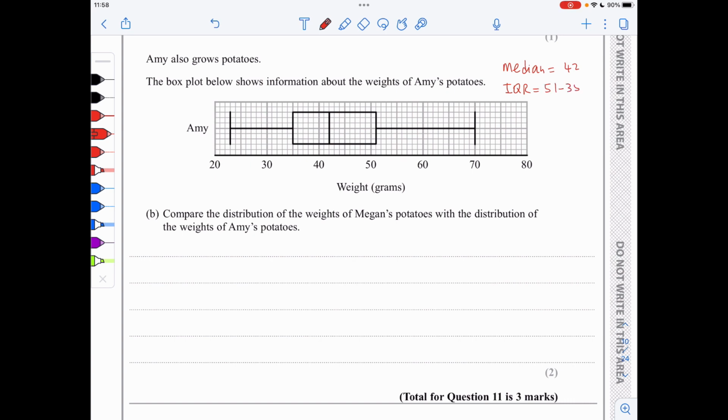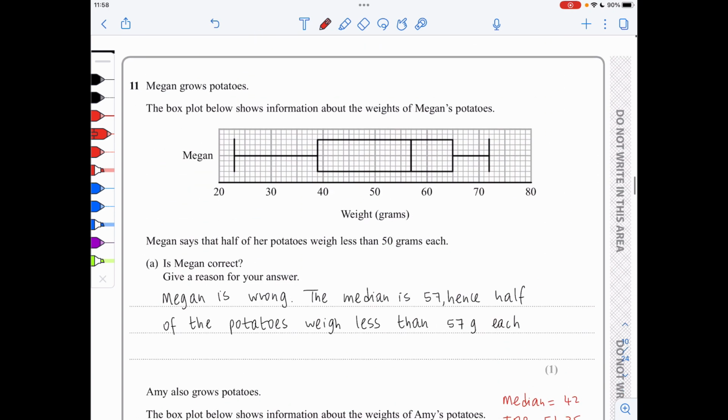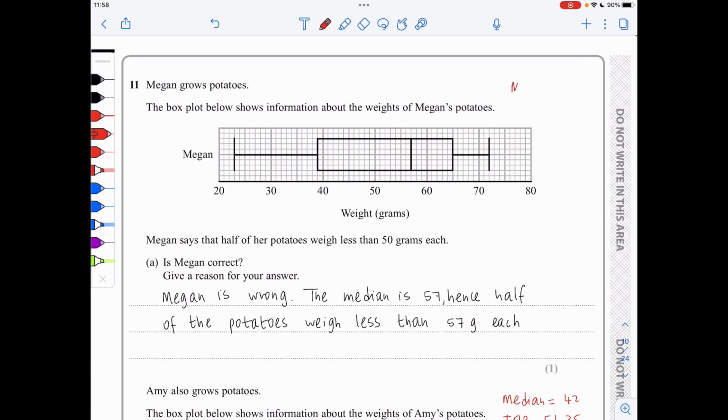And we will do the same calculation for Megan. So going back to Megan, we have already established that the median is 57, and the interquartile range, again, is the width of the box, so it's 65 minus 39, which gives an answer of 26.